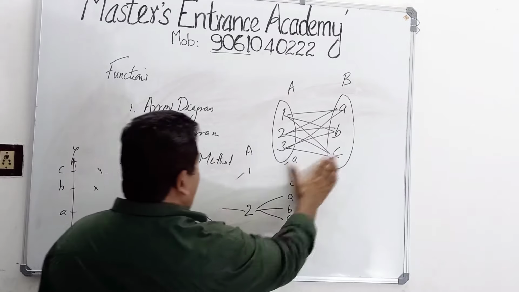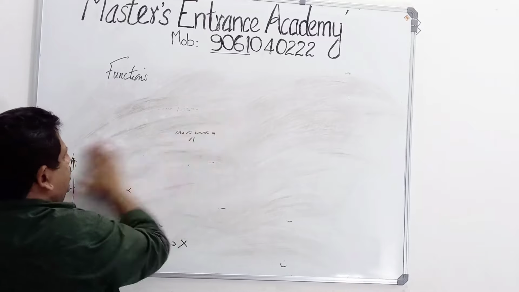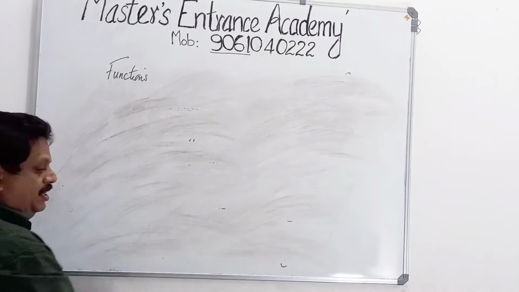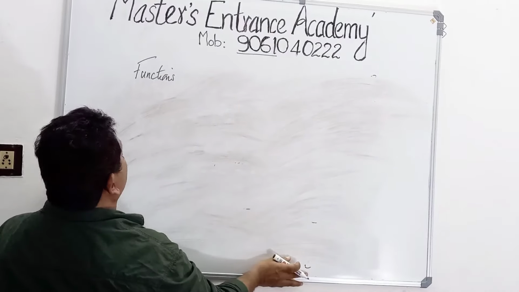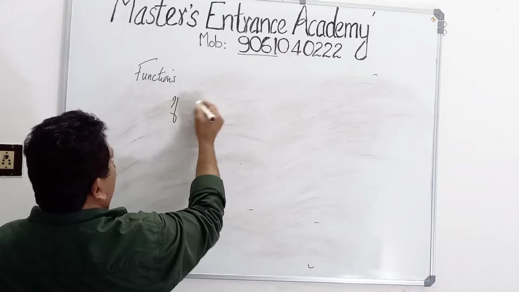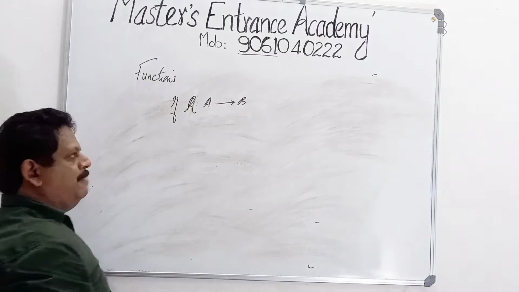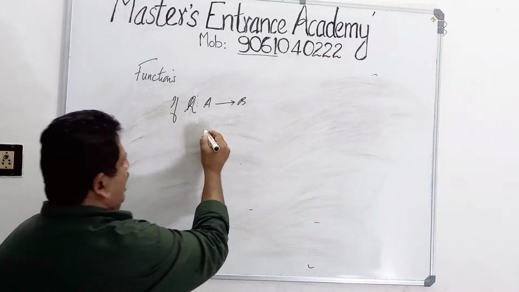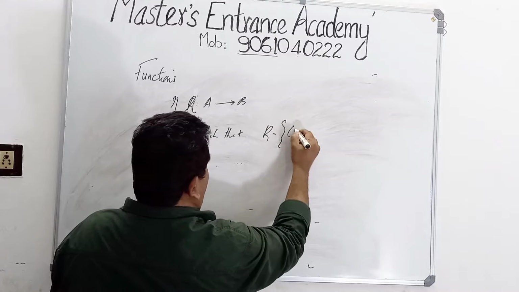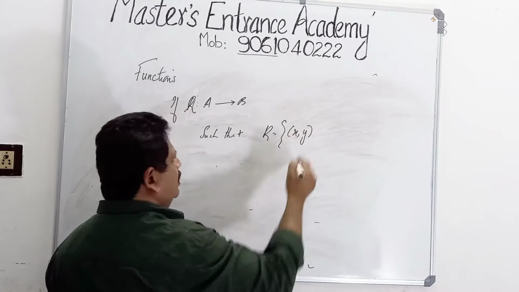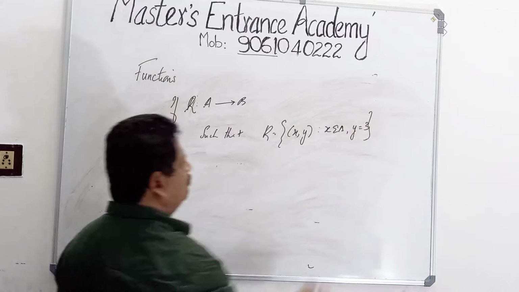And when we have represented A cross B, we have one more thing which is very simple, and that is what we call R. Now see this: R is a relation from A to B such that R is equal to the set of ordered pairs (x, y) such that x belongs to A and y is equal to 3.